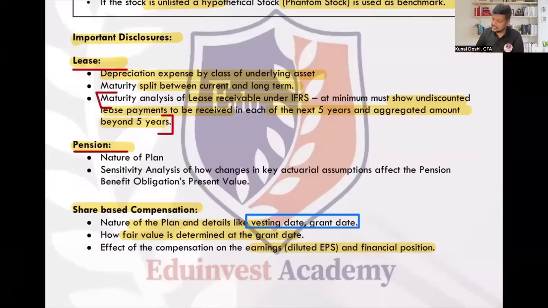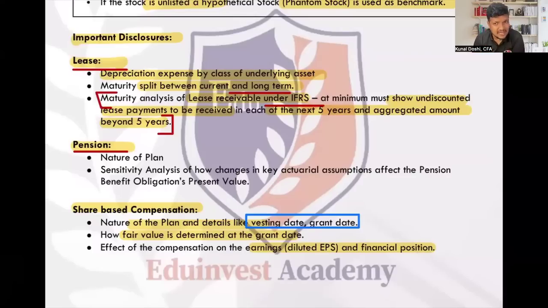So in IFRS, rest everything is common. The maturity split between current and non-current is common between IFRS and US GAAP. But in IFRS, also called International Accounting Standard, we need to display the lease receivable.